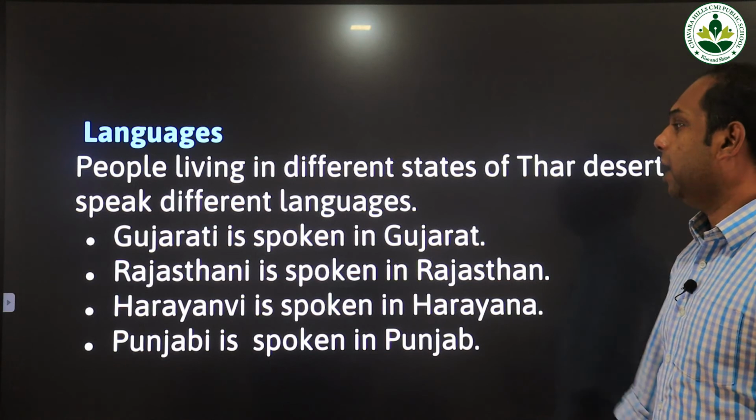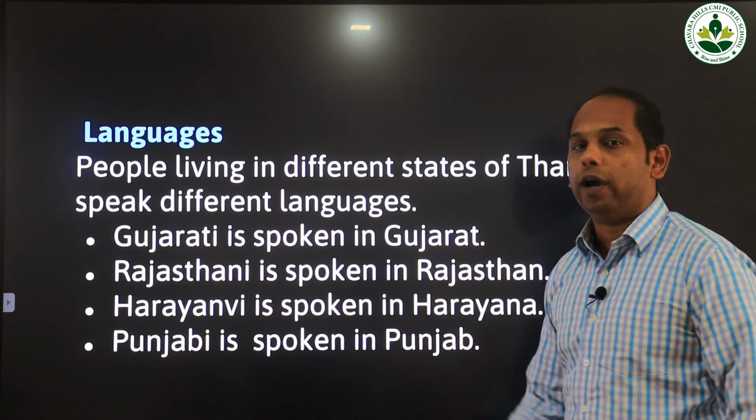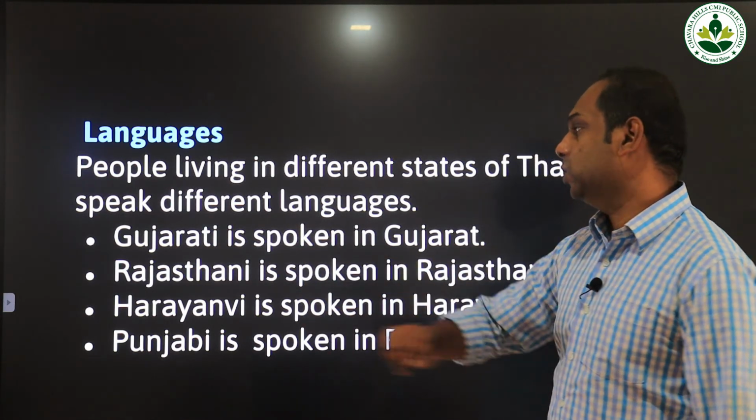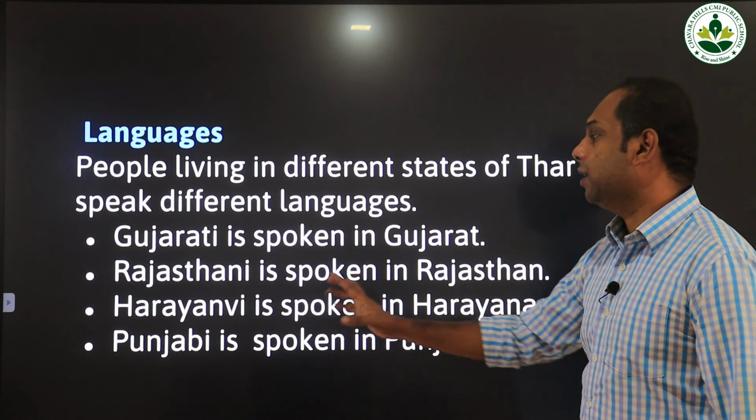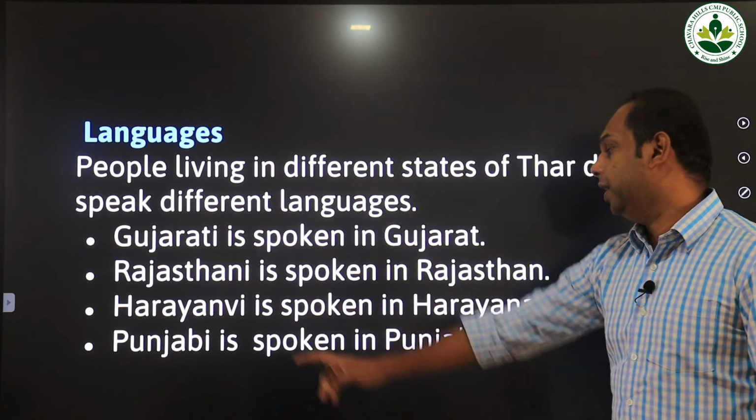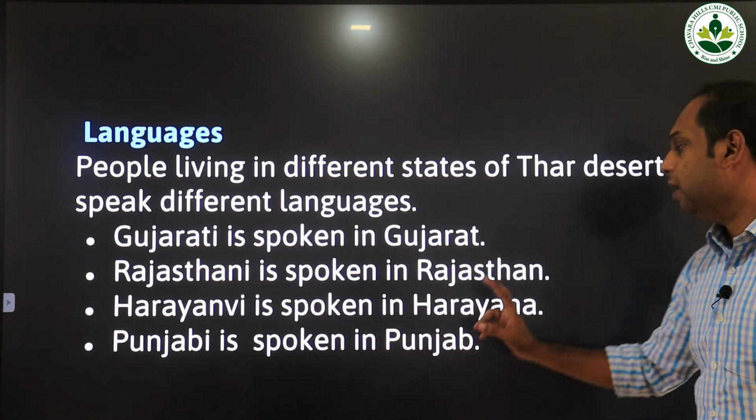Gujarati is the spoken language in Gujarat, Rajasthani in Rajasthan, Haryanvi in Haryana, and Punjabi in Punjab. As we have studied before, the Thar Desert mainly lies in Rajasthan, and also spreads across Gujarat, Haryana and Punjab, and these are the common languages spoken in these states.